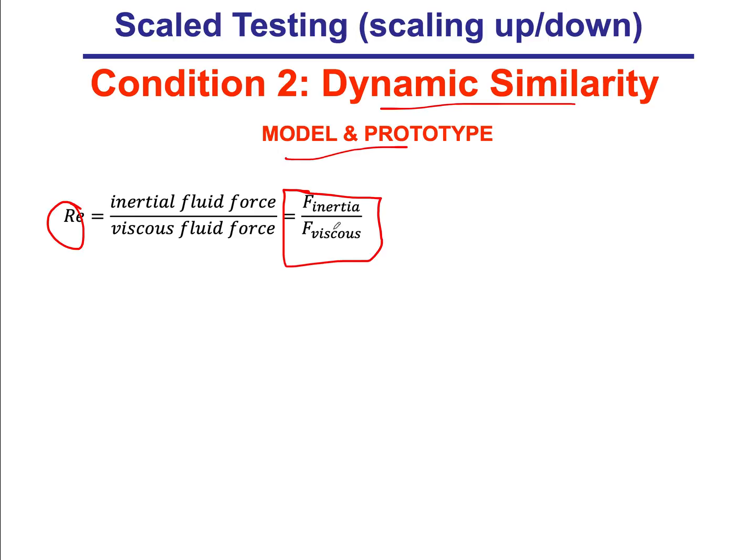So if I have two models, a big one and a small one, then I require that the ratio of inertia to viscosity in model 1 will be the same as in model 2, which means I require an equality of Reynolds number.